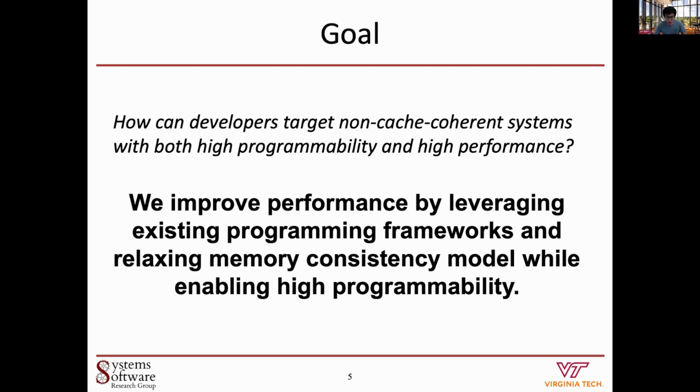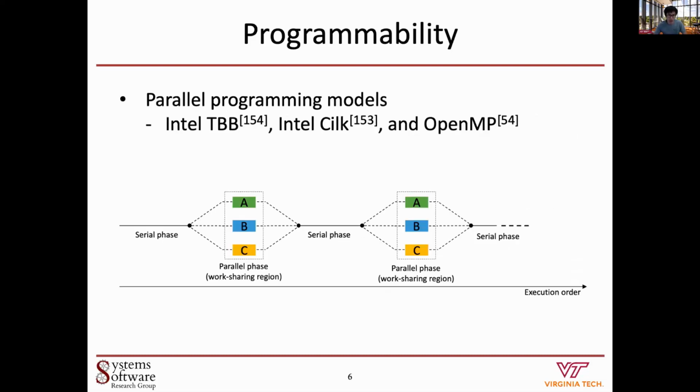For example, in OpenMP, a work sharing region, also called parallel phase, can be split into two main components, parallel execution and synchronization barrier. This allows programmers to easily spawn multiple threads and distribute parallel work, which permits greater parallelism and higher performance.